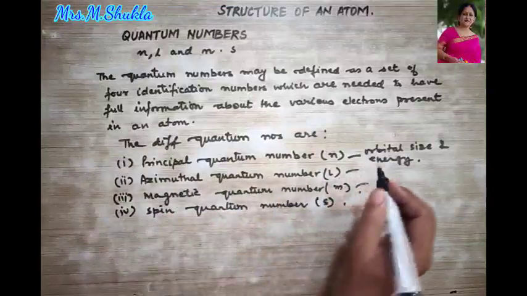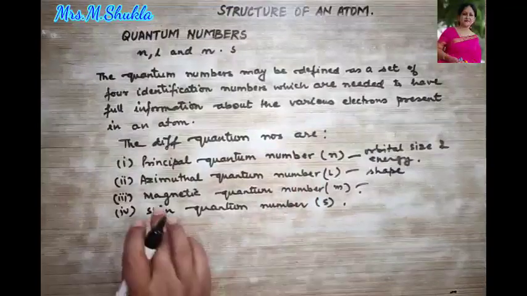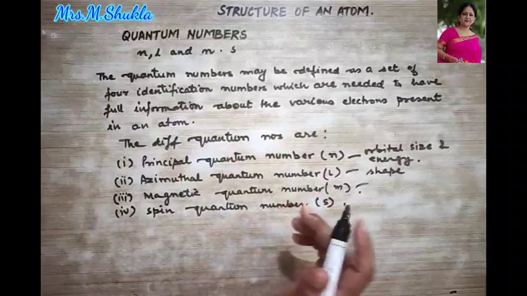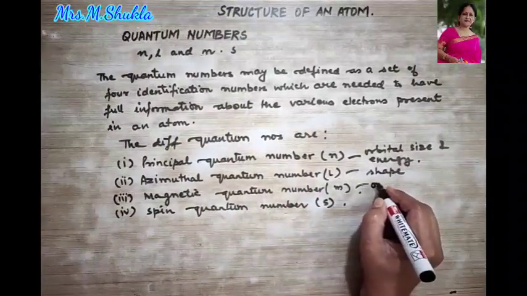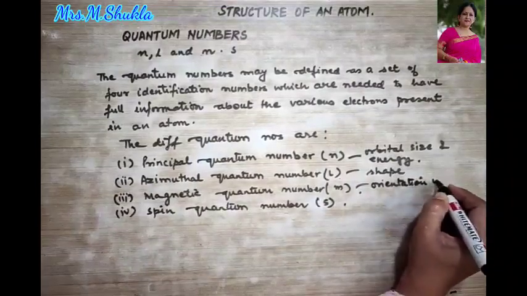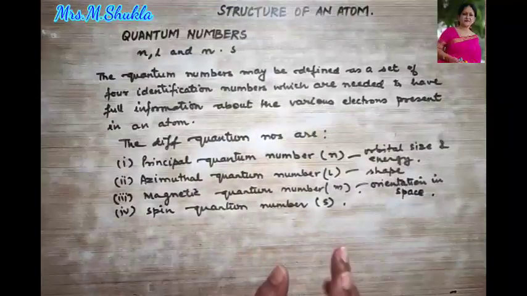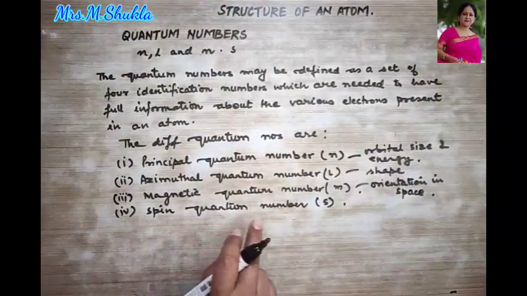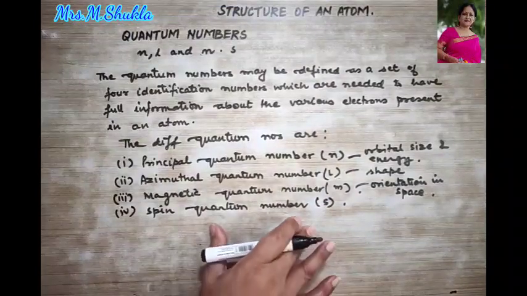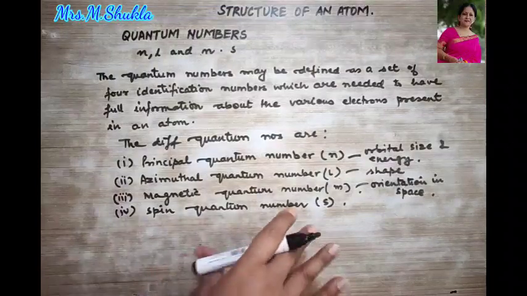It explains the shape of the orbital, and the magnetic quantum number tells us the orientation in space. Followed by the fourth one, the spin quantum number. What does this explain? It is the characteristic property of the electron that is present in this atomic orbital.